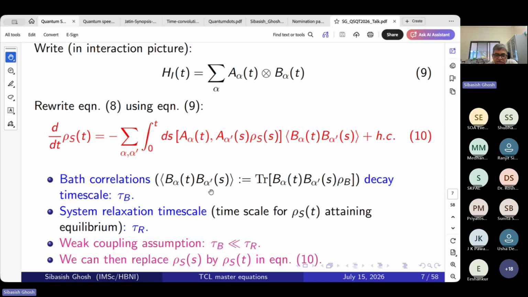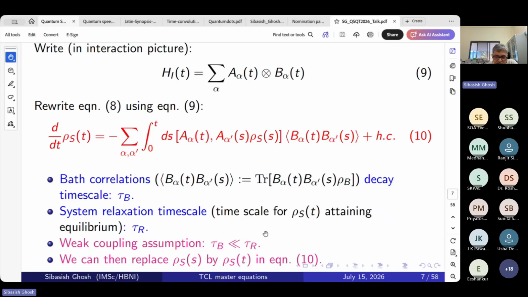The bath correlation decays at the time scale tau b, and the system relaxes into its equilibrium state with time scale tau r. Weak coupling means that tau b, the bath correlation decay time scale, is much smaller than the system relaxation time scale. This is what we mean by the Markov approximation.